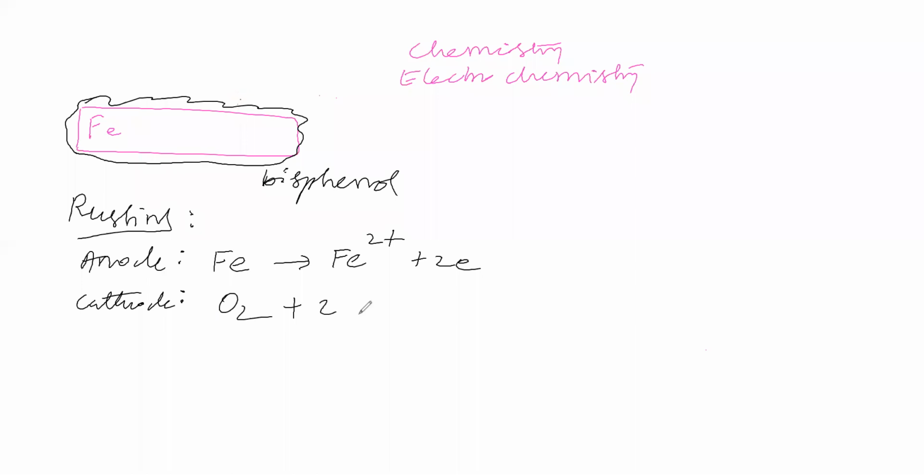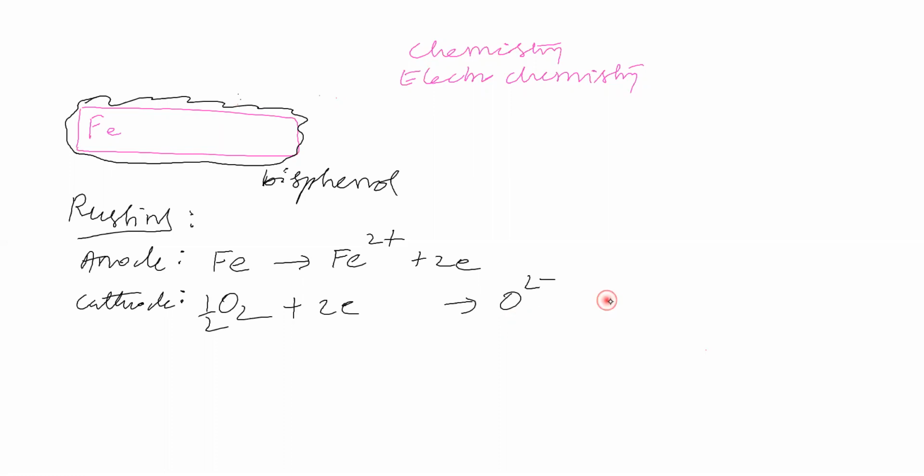Since it takes electrons, the oxygen gas becomes O2 minus. It takes these 2 electrons and becomes O2 minus.